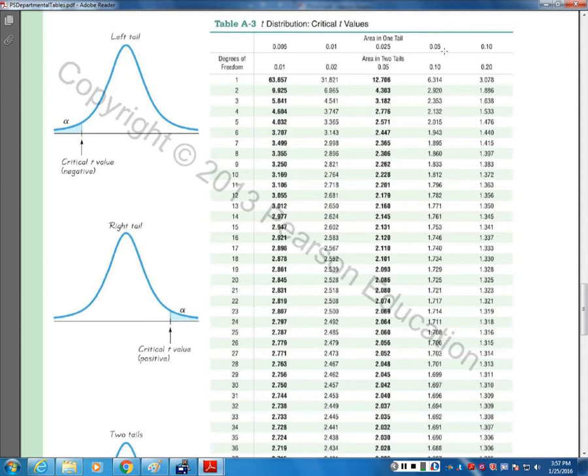So that would be the next to last column going left to right. Area in two tails is 0.10. Now the area in just one tail is 0.05. Again, that gets me to the next to last column going left to right. So I'll match up the column to my row, and I get the answer of 2.015.